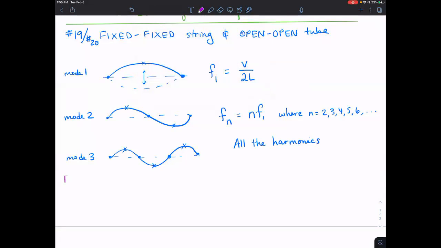And then for number 21, it's talking about the open tube, but then also the open closed tube, still number 20. What do those pictures look like? They have to have a node at one end and an antinode at the other end. This is a shorter string because it's easier for me.